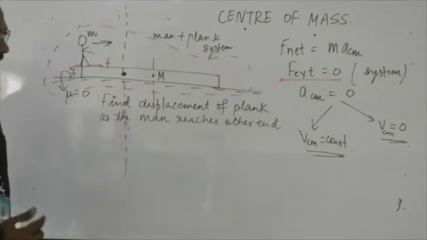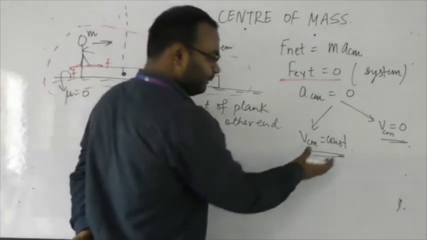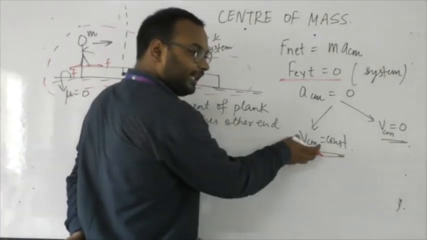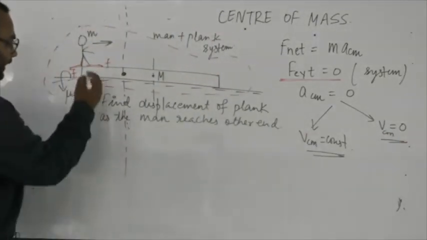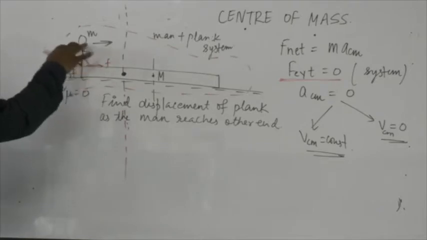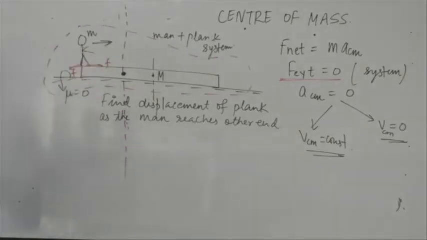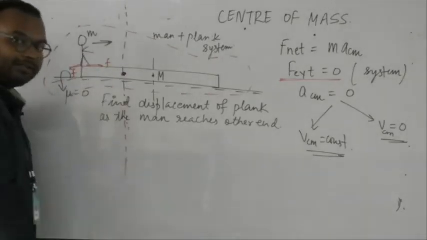When F external is 0, either the center of mass will move with constant velocity, or it will be at rest. Here, initially, the man and plank were at rest, so the center of mass will be at rest.